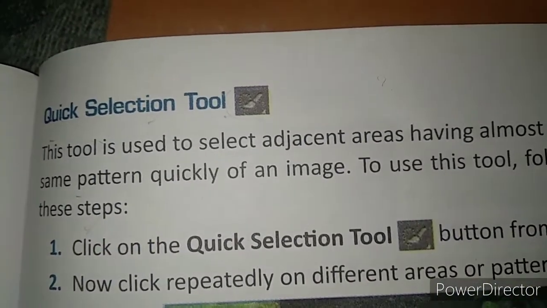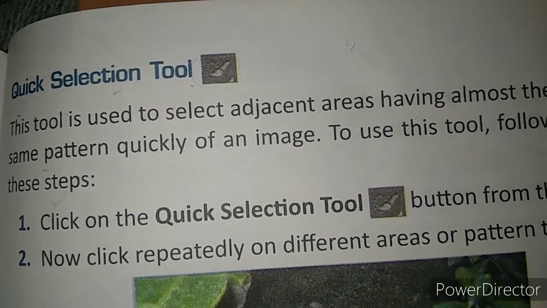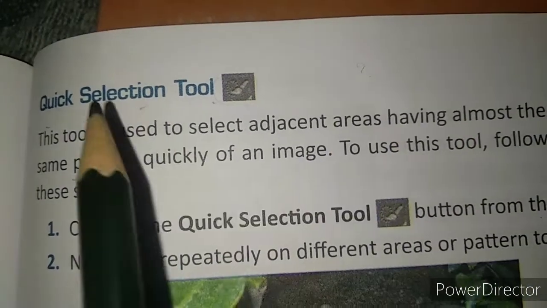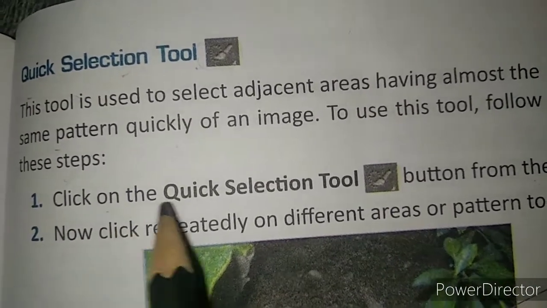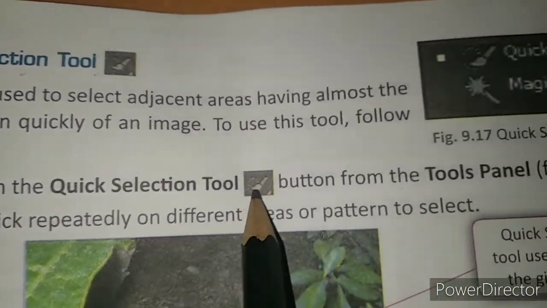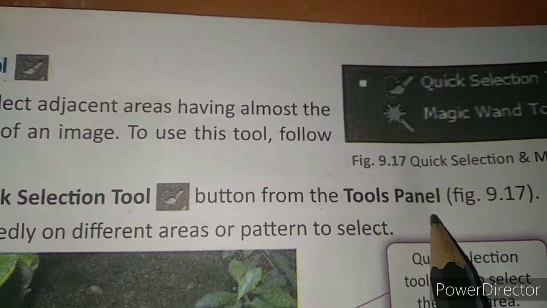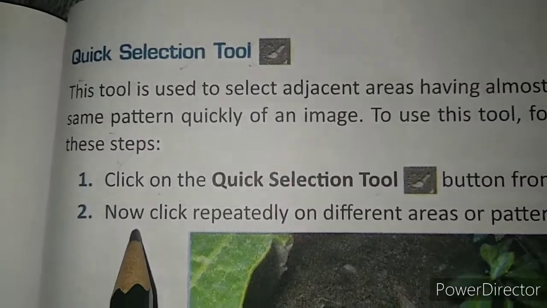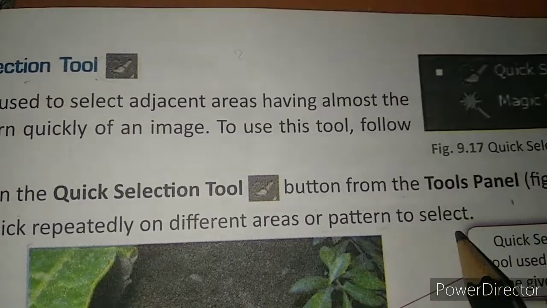It means if you want to select an area which has the same pattern, then the quick selection tool is used. First of all, click on the quick selection tool button from the tools panel, and after that, click repeatedly on different areas or patterns to select.